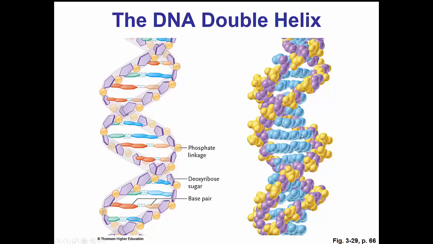Because this groove is wider and exposes more of the bases within the groove, many proteins that modify the DNA will actually travel along this major groove. And once again, that phosphodiester backbone is found on the outside of DNA, whereas these bases, the nitrogenous bases, are stacked within the middle of the molecule.